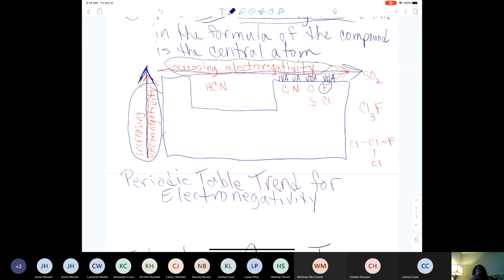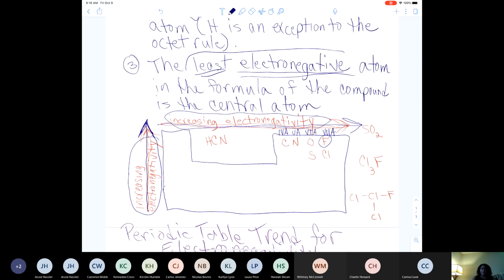Fluorine would be more electronegative than chlorine because it's further to the top of the group or column of the periodic table than chlorine. And therefore, the least electronegative atom in the formula of the compound is usually the central atom.